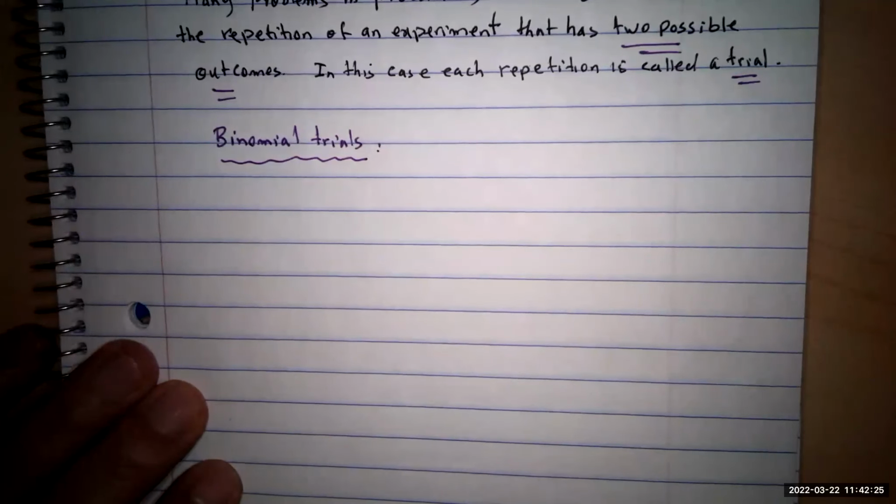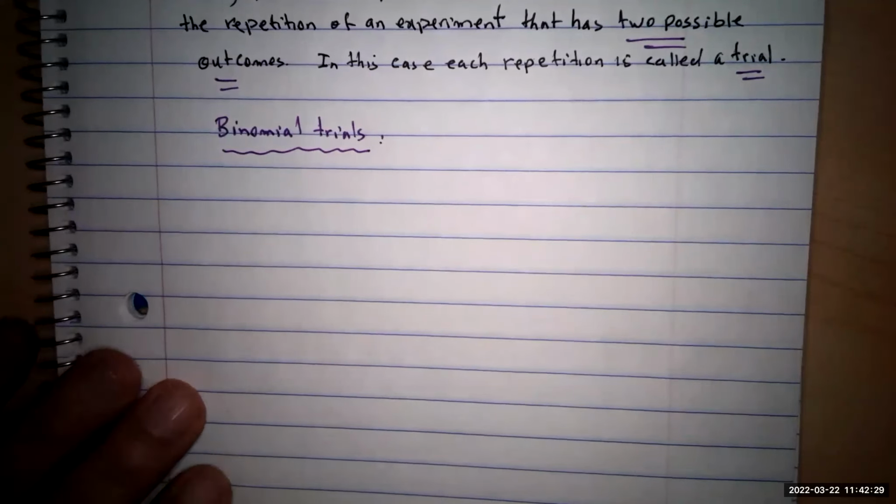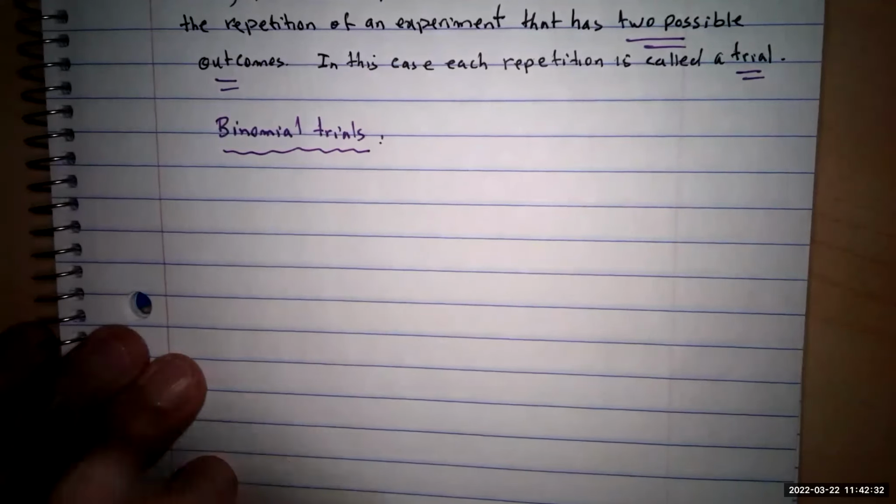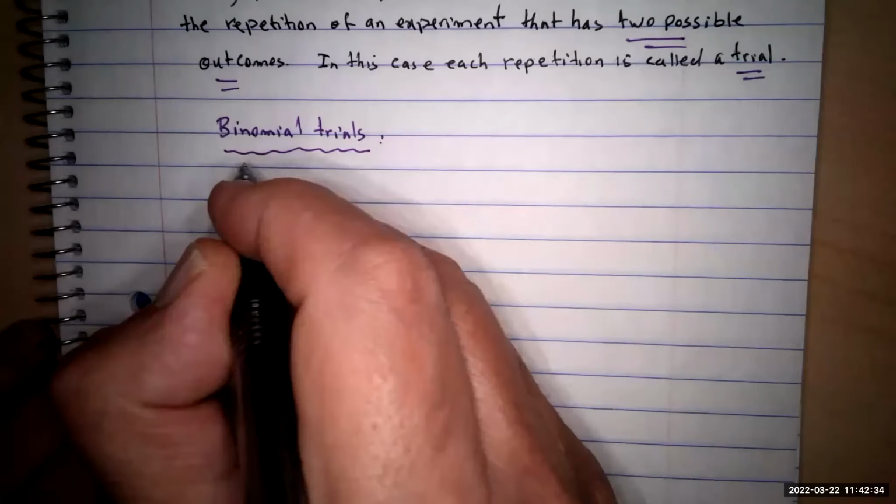So what's the situation we're going to have? There are some terms that we're going to use. We call it a binomial distribution, and these are going to be the following.